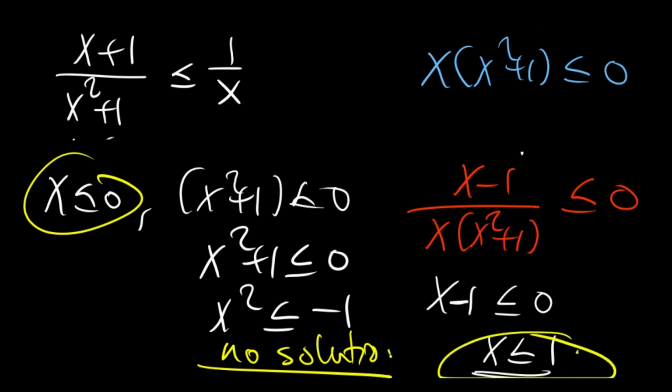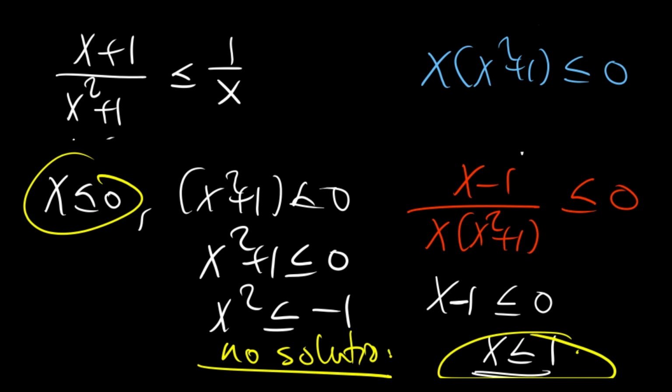Before I use the table, ask me. So for the question, please ask. At the beginning, when we moved the 1 over x to the other side, after we multiplied, wasn't the final answer supposed to be x plus 1 over x multiplied by x squared plus 1?